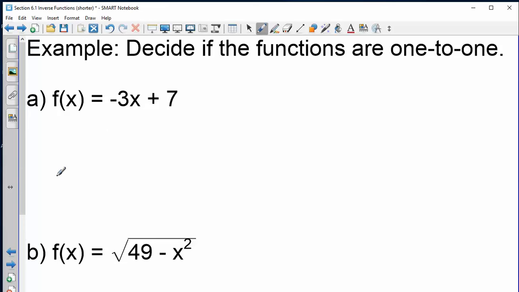So let me explain that through an example. I'm trying to decide if this is one-to-one. So we're going to pretend we do get the same y value twice. I'm going to put in an a and put in a b and set those equal. So we do f of a equals f of b. If you put in an a, you get negative 3a plus 7, equals, if you put in a b, you get negative 3b plus 7.